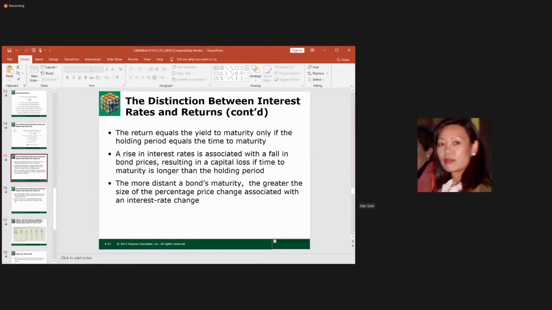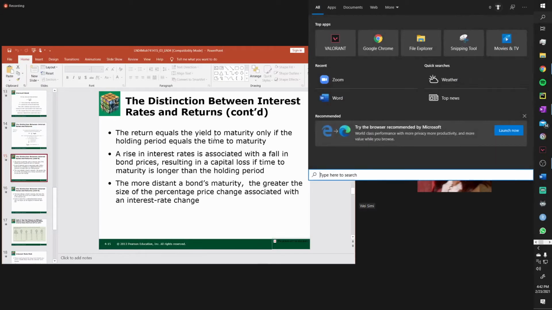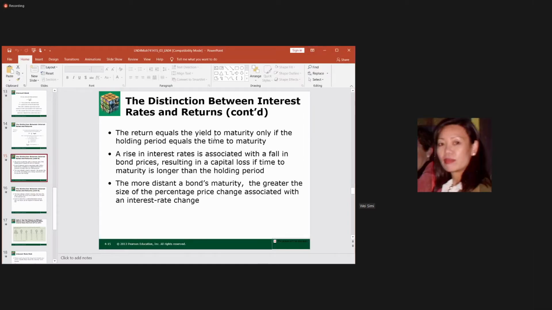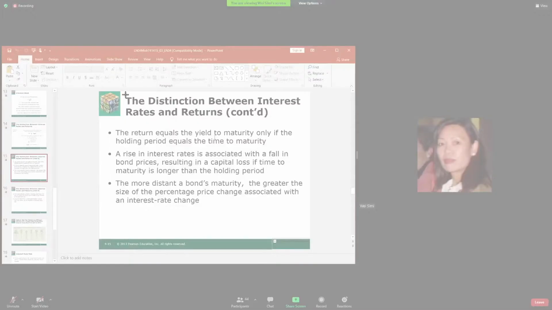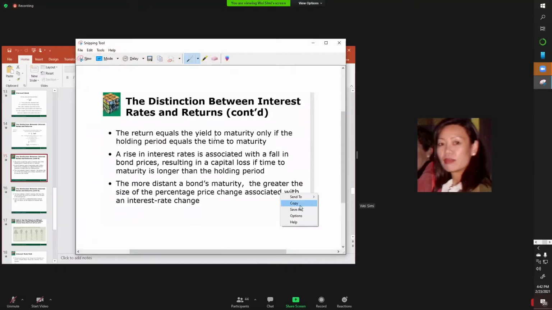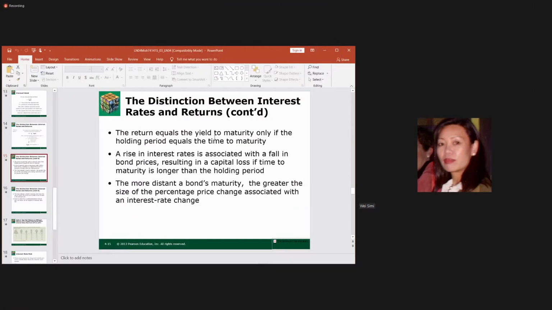What it's trying to say is, if we invest in a bond and hold it to maturity, your return will equal the yield to maturity. Remember, yield to maturity is calibrated already with the market price, assuming you don't have default and no cash flow is lost. Everything is assumed okay, and then holding to maturity. If nothing happens, that equals your return.